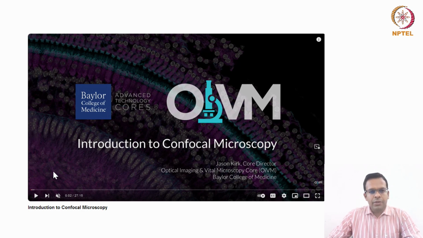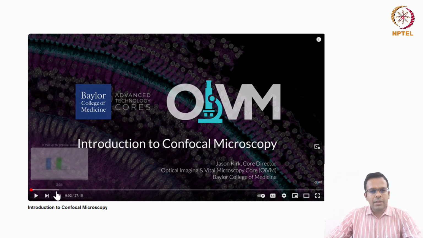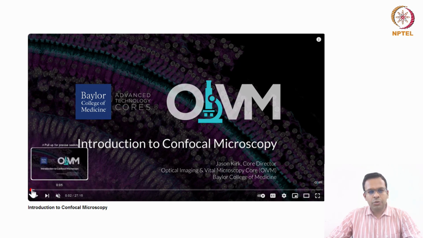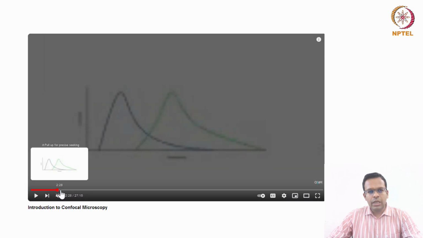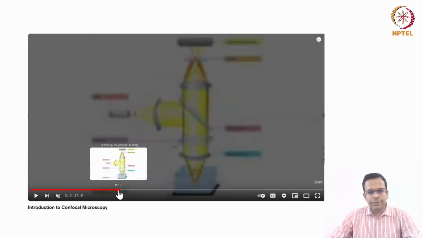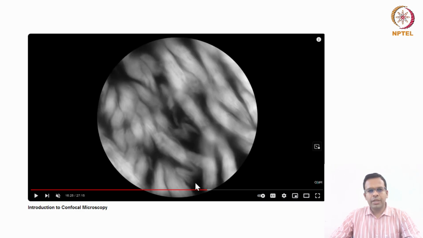This entire video is very useful to understand the fundamentals of confocal microscopy, but I will take you specifically to one time point to show you how the image is formed in the confocal microscope. I'll play this movie from here for the next 5 minutes, and you will see how the image is formed in the confocal microscope.